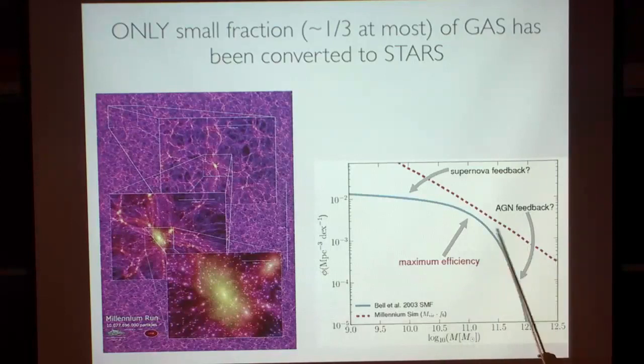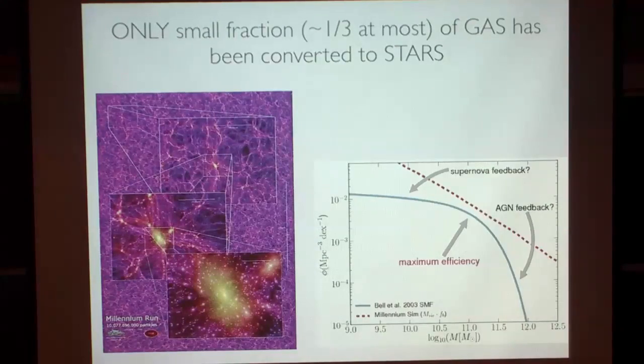The red dashed line is the stellar mass function inferred naively from the dark matter halo mass multiplied by the cosmic baryonic fraction, and the blue line is the stellar mass function inferred from observational results. It shows a maximum efficiency at a stellar mass of about 10 to the 11 solar masses, but at most it's about 1/3.